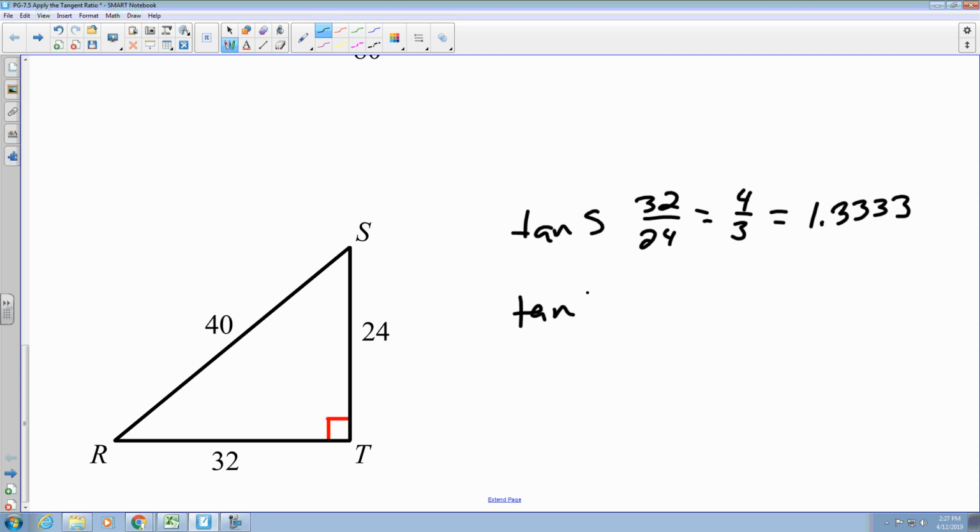Tangent of R in this case, opposite is 24, adjacent is 32. 24 divided by 32 is 3/4. You notice that they're flipped. And then the decimal is going to be 0.7500.